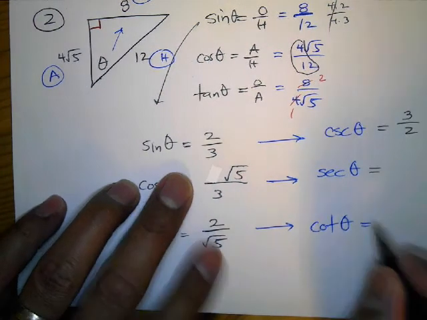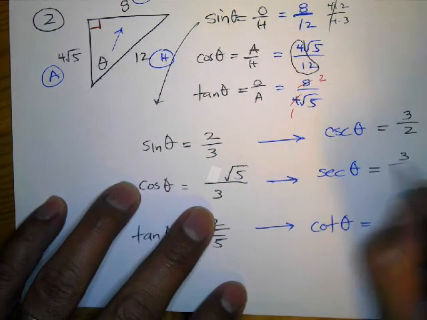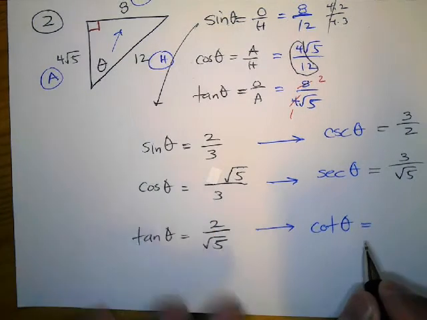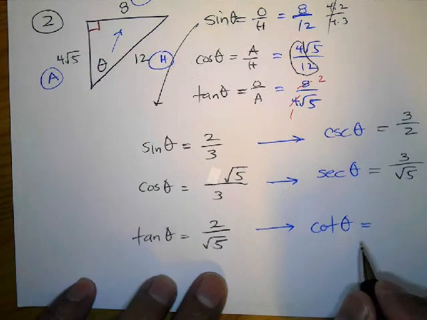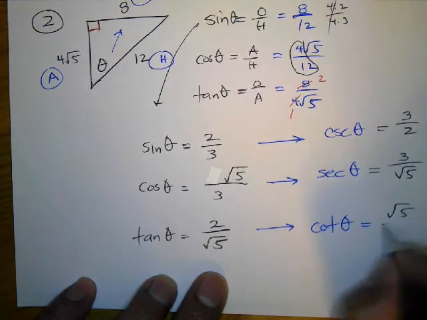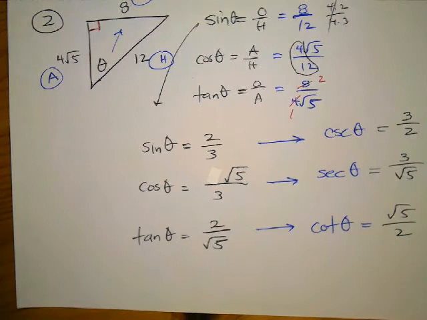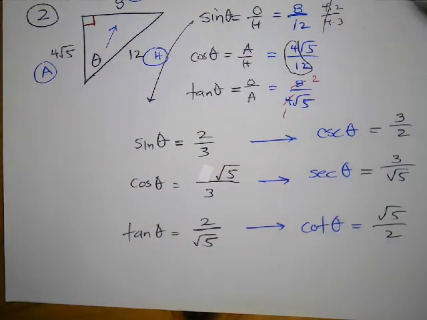Go ahead and do all the reciprocals. So that'll be 3 over 2. That'll be 3 over root 5. And that will be what? Root 5 over 2. Do all of this first. I mean, obviously, if anything, reduce the whole numbers and then do all of this.